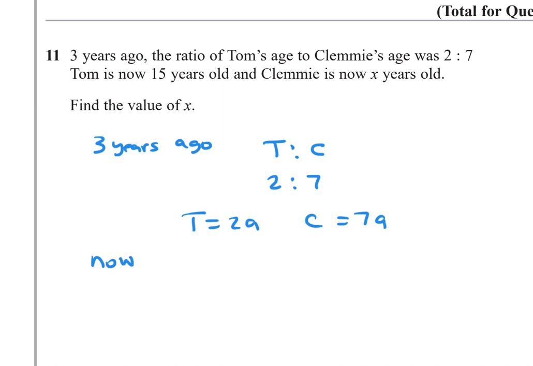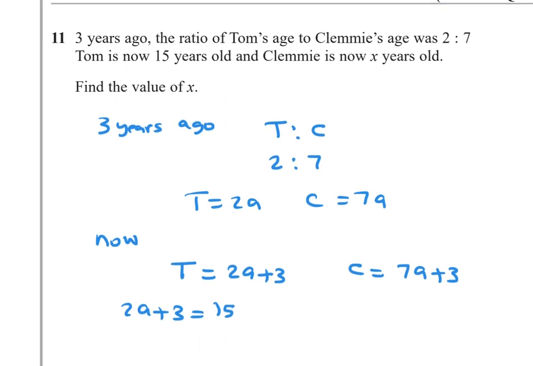Now, after 3 years, Tom will be 2a plus 3 and Clemmy will be 7a plus 3. But it's given that Tom is now 15 years old, so 2a plus 3 equals 15.